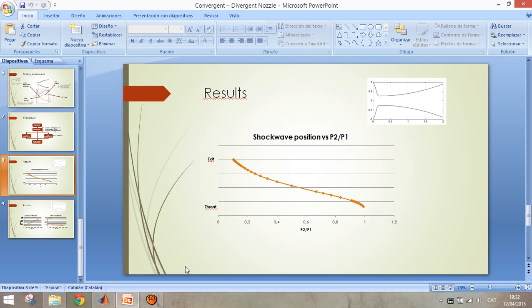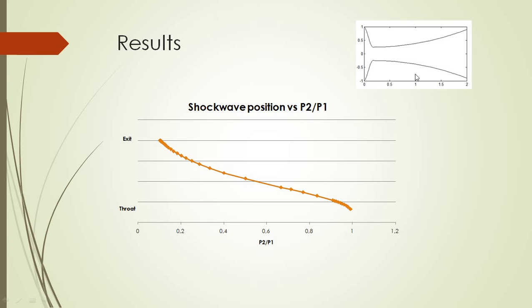Then how shall we know that this program is working okay? Well, we have some experiments. For example, with this nozzle, we evaluate the shockwave position versus the pressure relation.